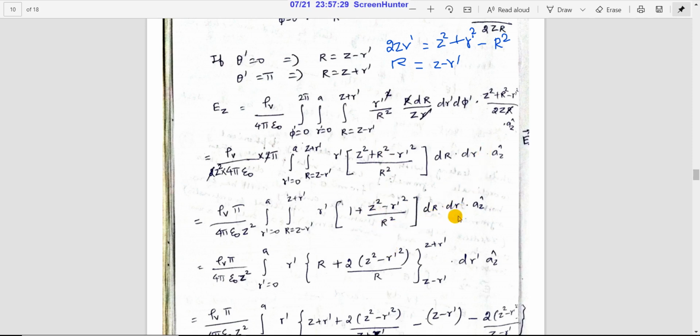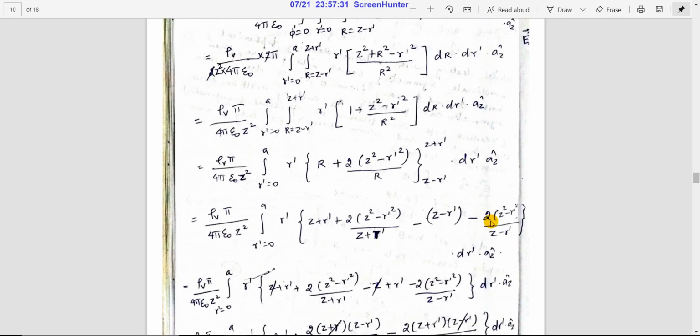Okay, so dr into dr dash az cap. Now just make an integration. Here with respect to r only we are going to integrate, so the r square will be going upwards.